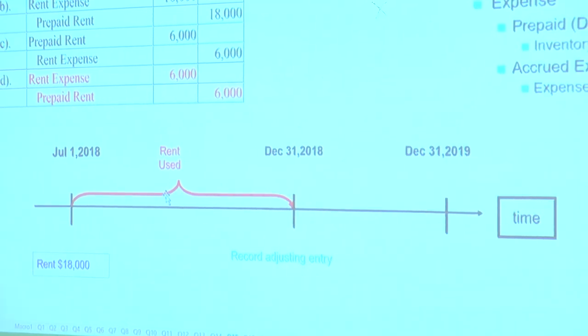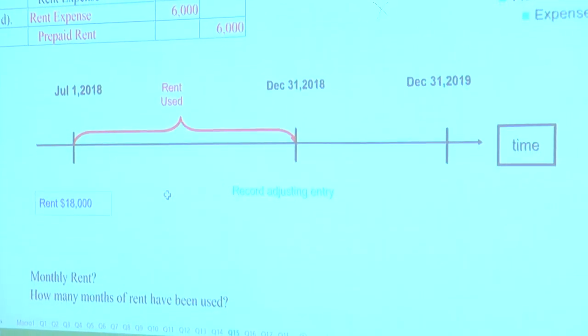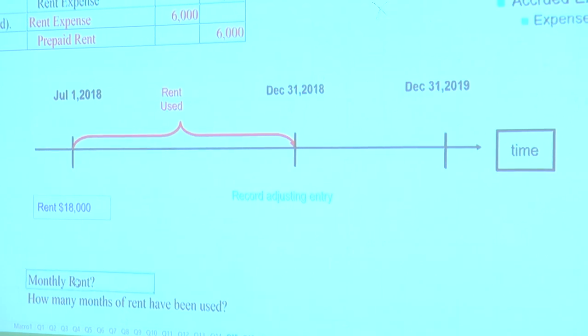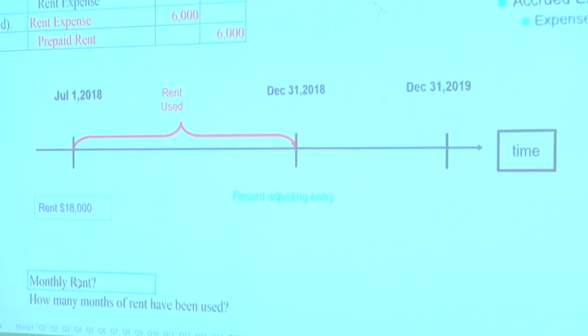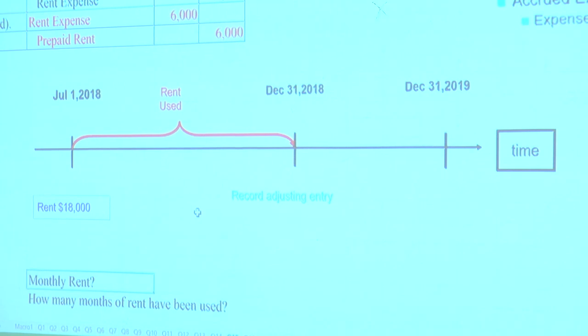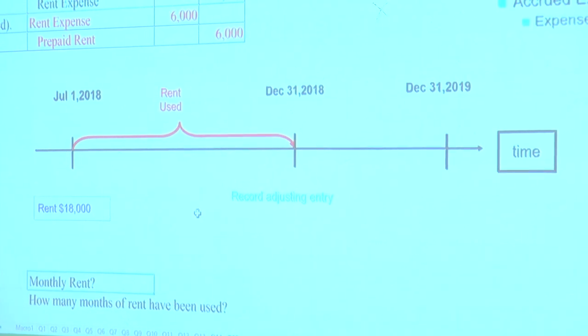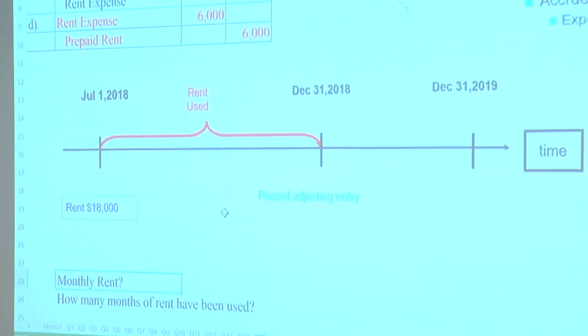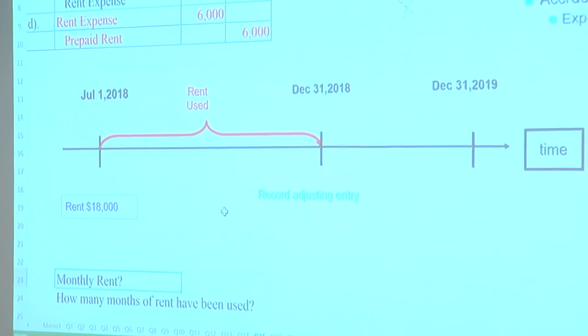First, the rule is how many. The way I calculate things is first I will calculate what is the monthly rent, how much is it, and then I calculate how many months has passed, and I use the first one, the dollar times the months, and then we get the total amount, right?